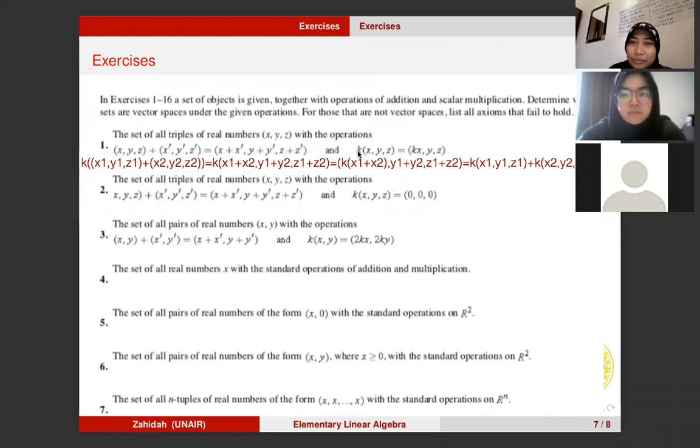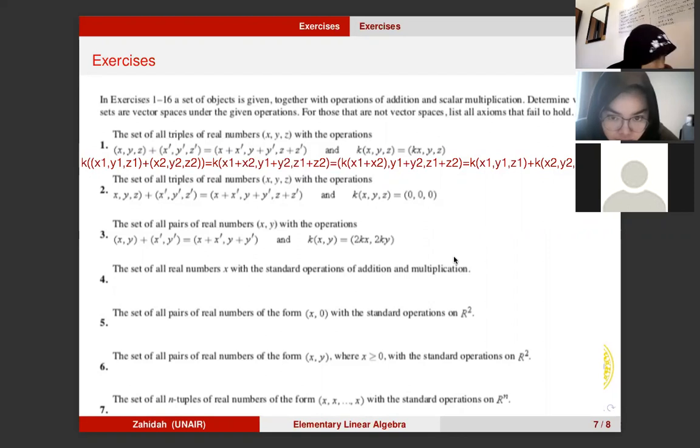What if we have... if you cannot guess, so you have to list starting from axiom 1. Okay, maybe this is for your exercise.